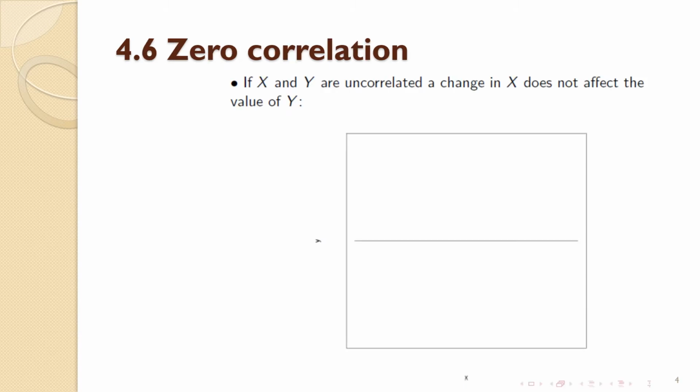But alongside this, one natural pattern you might expect to find is zero correlation. So the same disclaimer as before, correlation is not the same as causation, but loosely speaking, if x and y are uncorrelated, a change in x does not affect the value of y.